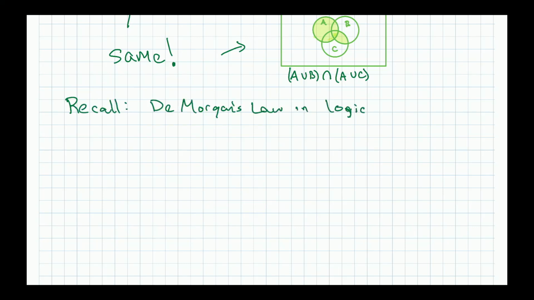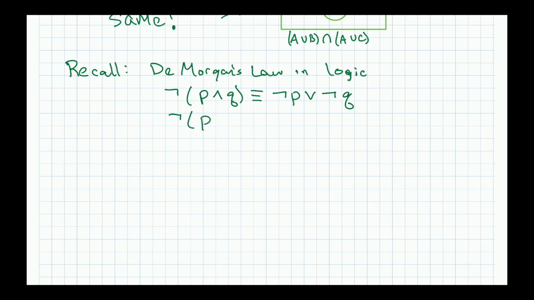So De Morgan's law was if you had not (P and Q), that was logically equivalent to not P or not Q. And also if you had not (P or Q), that was logically equivalent to not P and not Q, right? And then the key thing here is that the symbols switch when the negation goes across.